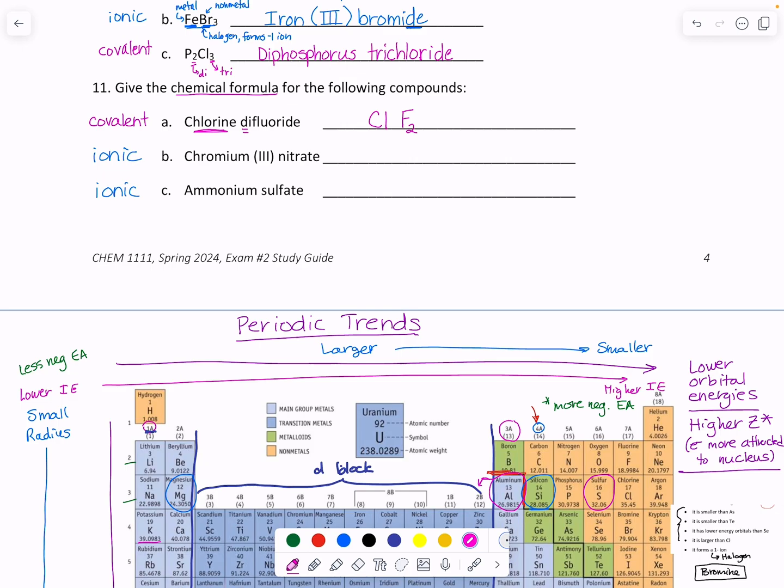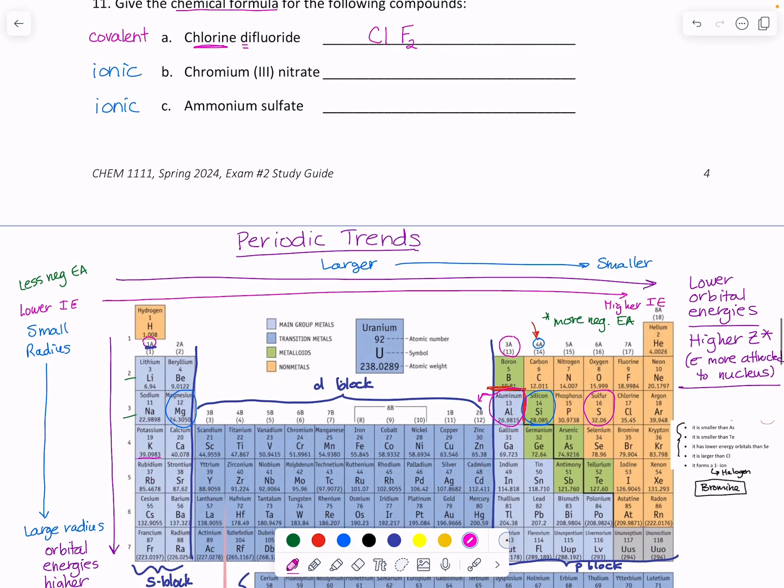All right, so next we have chromium 3 nitrate. Again, we're going to start with the symbol for the element. Chromium is over here, capital C, lowercase r. Now the 3 does not tell me what the subscript is, but it tells me the charge on the chromium ion.